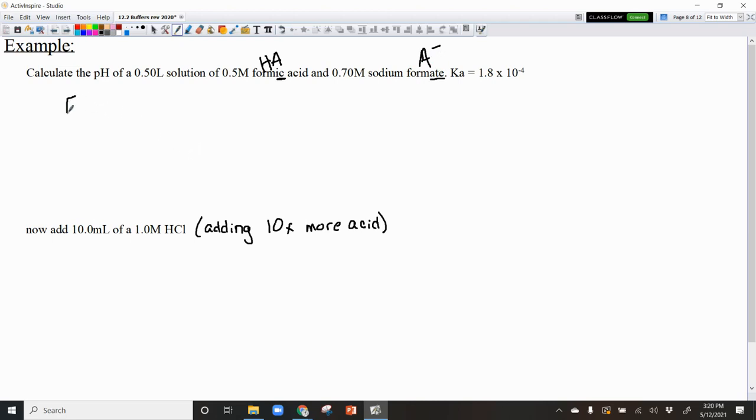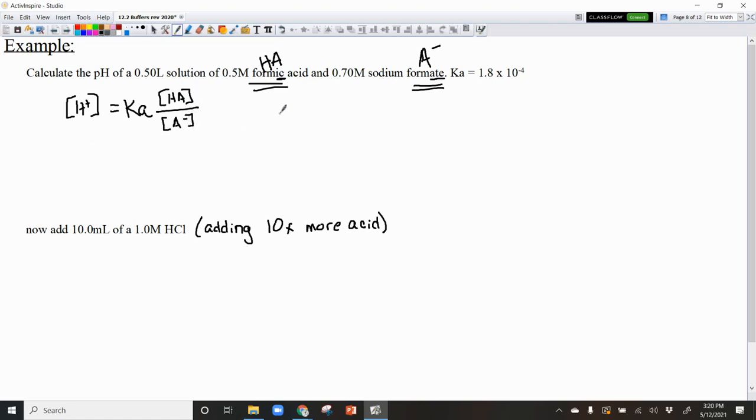All right, so let's look at this. Let's write our formula down here. We've identified our acid, we've identified our base, and the hydrogen concentration is going to be equal to Ka times the concentration of the acid over the concentration of the base.